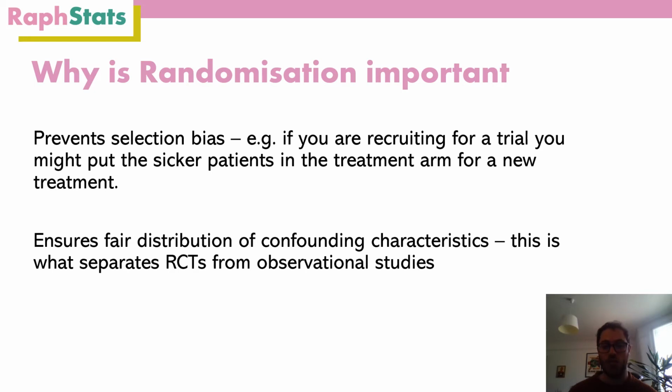Good randomization also prevents not just by chance, you've got these links in the background that are affecting things, but they also affect selection bias. So if I'm a doctor and I'm recruiting people for this new trial for a drug for brain cancer, which to now has been completely deadly, and I know that this patient is really sick and really needs this drug, I might be more likely to try and randomize them to the treatment arm because I want them to receive this new treatment that might save them.